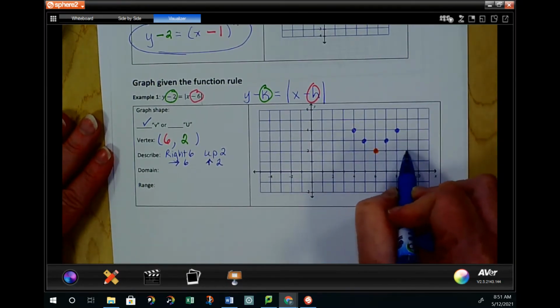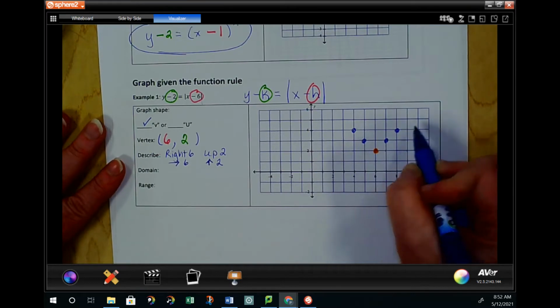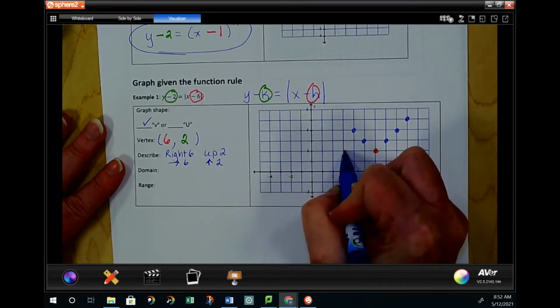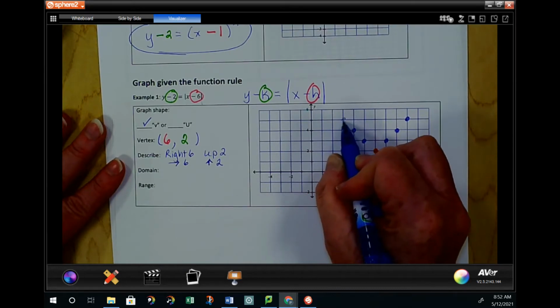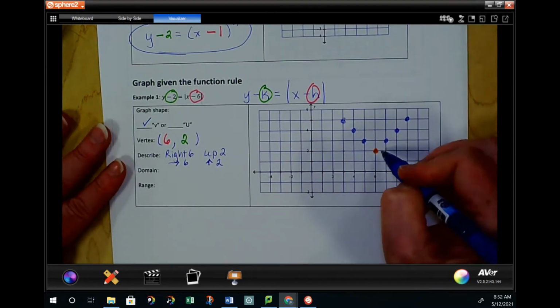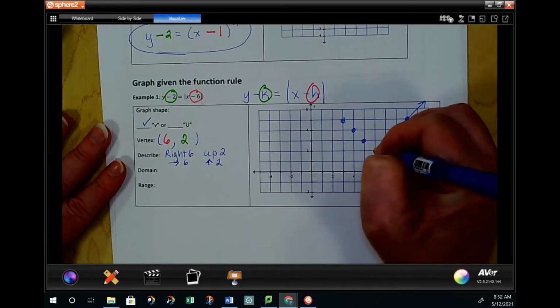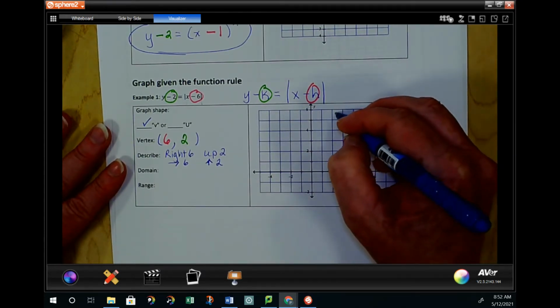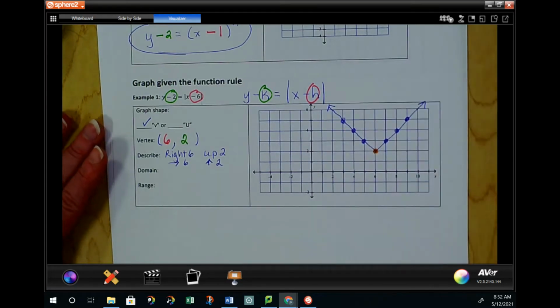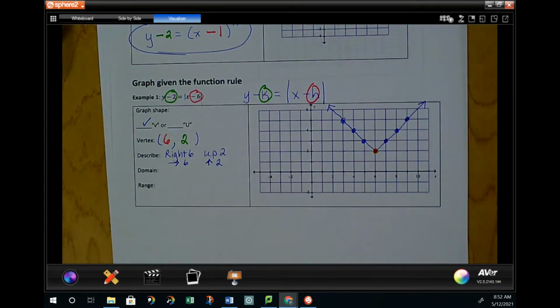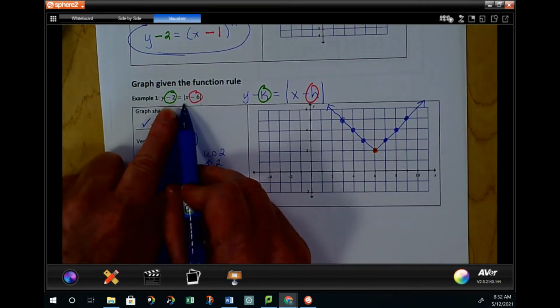Then over 3 and up 3, and to the left 3 and up 3. And then what happens is this is your graph. So now there's your graph given my function rule.